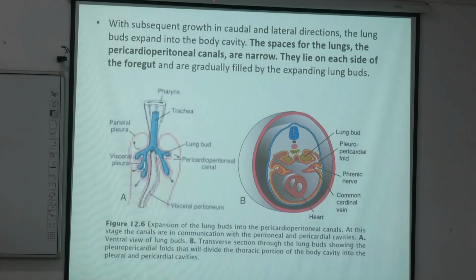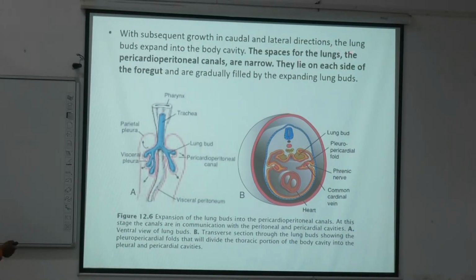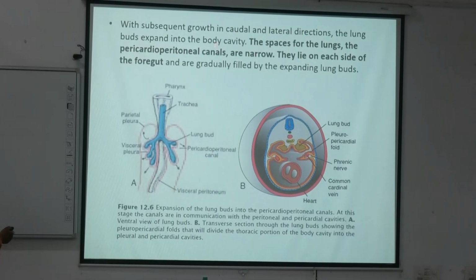Now, with subsequent growth in caudal and lateral direction, the lung buds expand into the body cavity. The spaces for the lungs, the pericardio-peritoneal canals, are narrow. They lie on each side of the foregut and are gradually filled by the expanding lung buds.